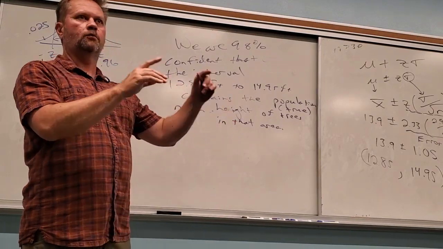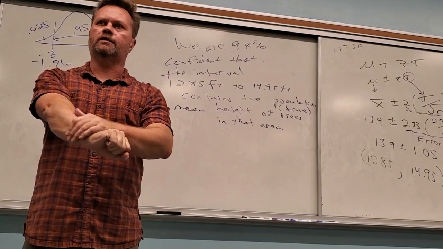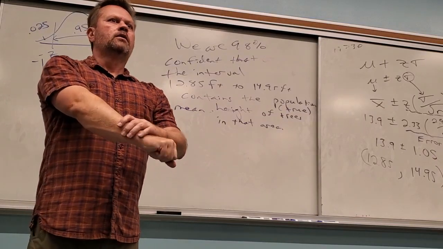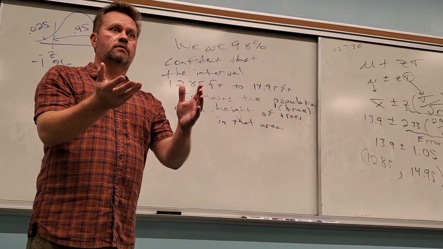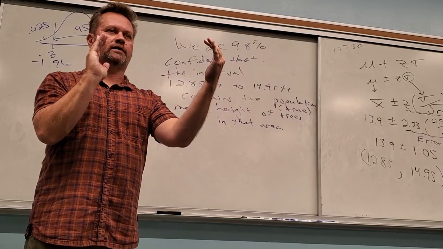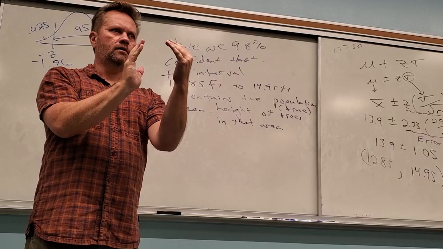Okay. What would change if I made this a 95% confidence interval? What would change? The interval. What about it? It would be smaller. It would be narrower, right? Which is a very cool word to try to say, narrower. You guys kind of with me? Why would that happen?